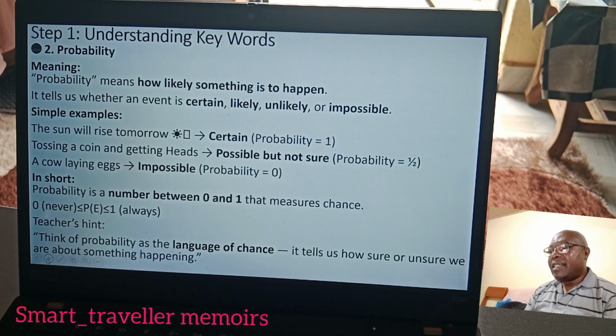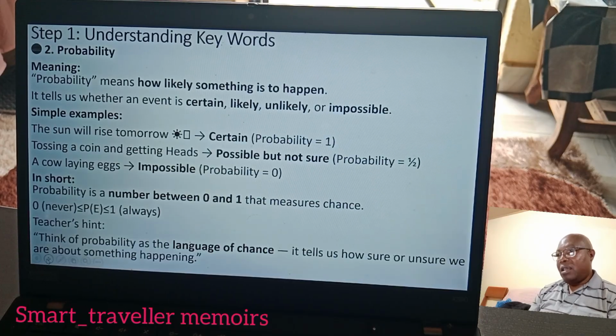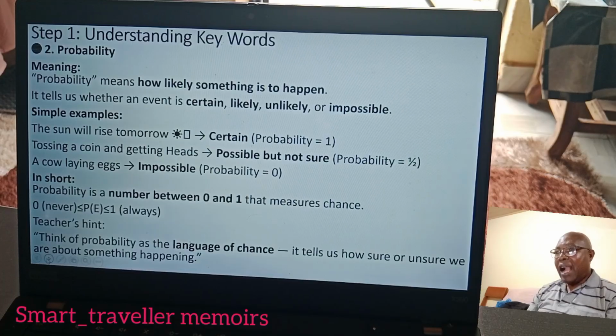We are certain that the sun will rise tomorrow, and the probability is equal to 1. Tossing a coin and getting heads. Possible, but not sure. Probability is equal to 1/2. A cow laying eggs. Impossible. Probability equals 0. In short, probability is a number between 0 and 1 that measures chance.